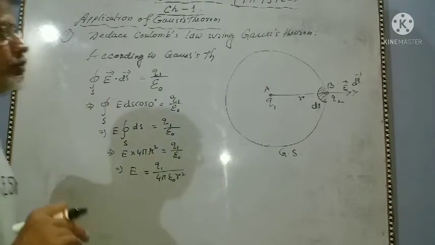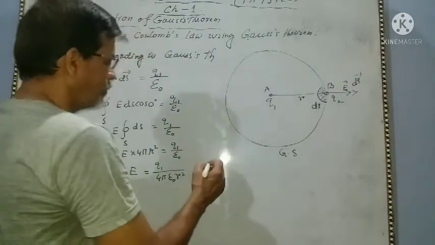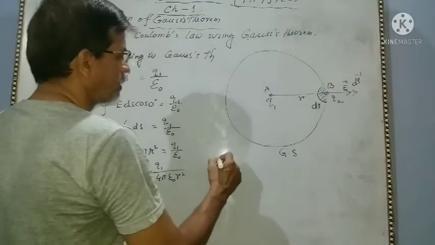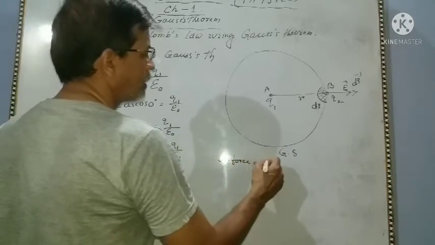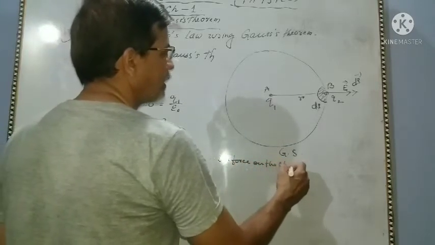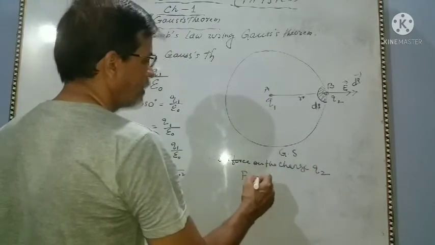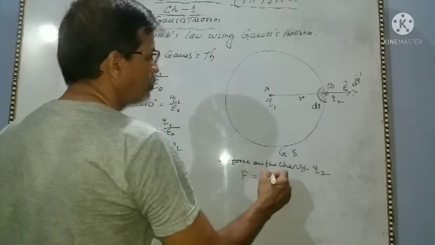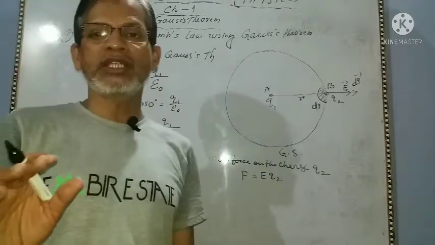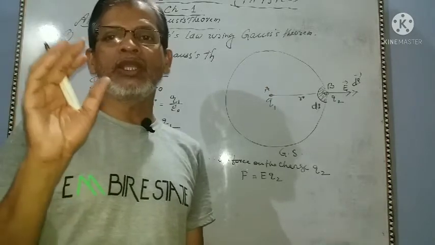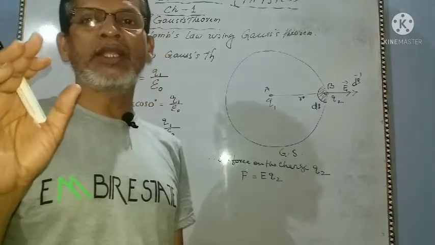Now, what will be the force on the charge Q2? The force on the charge Q2 is F equal to E into Q2, electric field into charge. This is the significance of the electric field: if we know it, we can readily find the force.